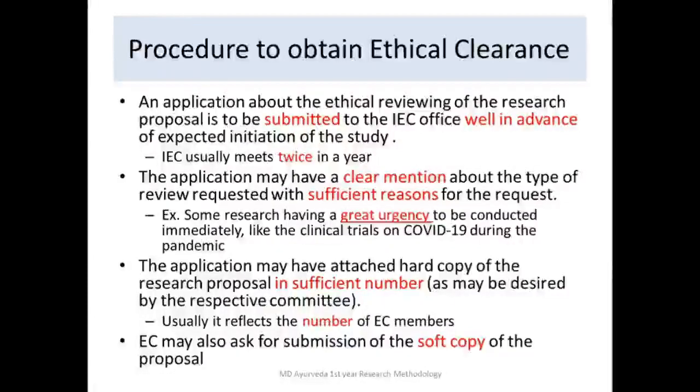Some researchers may have a great urgency to conduct research immediately. An example is the clinical trials which are needed currently on the ongoing pandemic of COVID-19. These researchers may require an expedited review because they won't be waiting for the routine ethics committee meeting to be held. So this kind of thing can be taken for the expedited review.